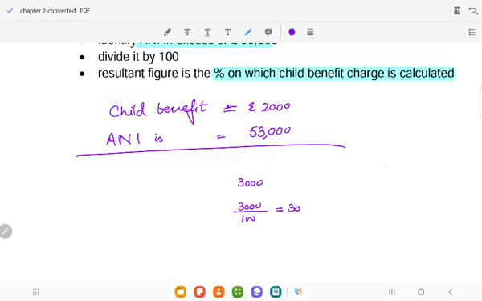So 30% of 2,000 will be directly added to your tax liability. Here 600 will be added to your tax liability. Remember that if a person has adjusted net income between 50,000 and 60,000, he has to adjust his child benefit charge.